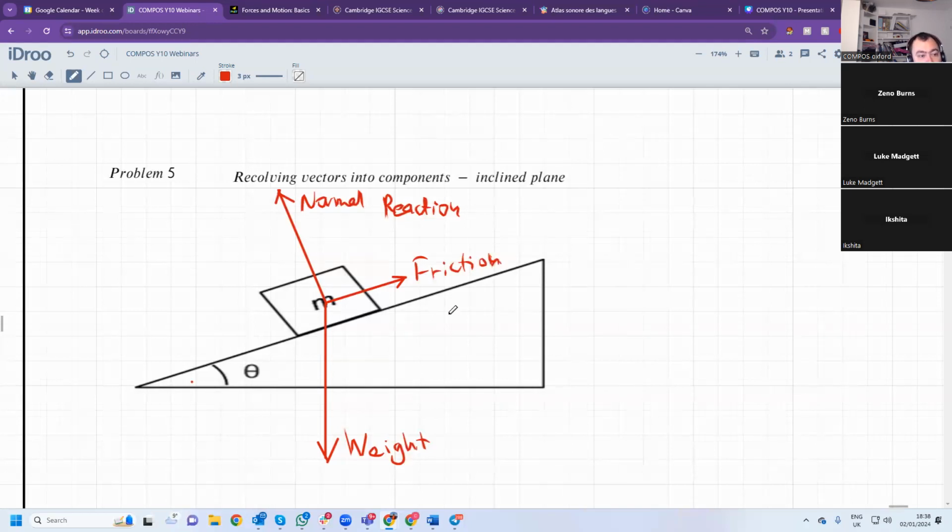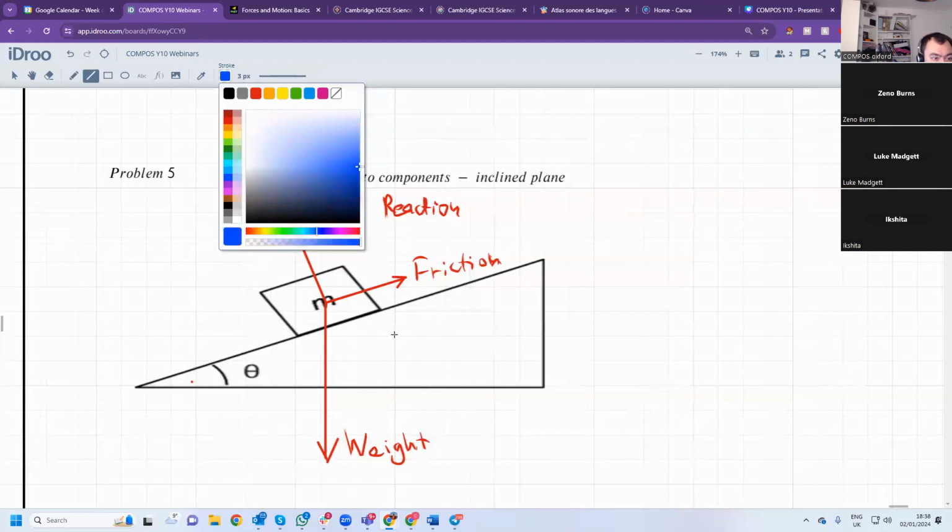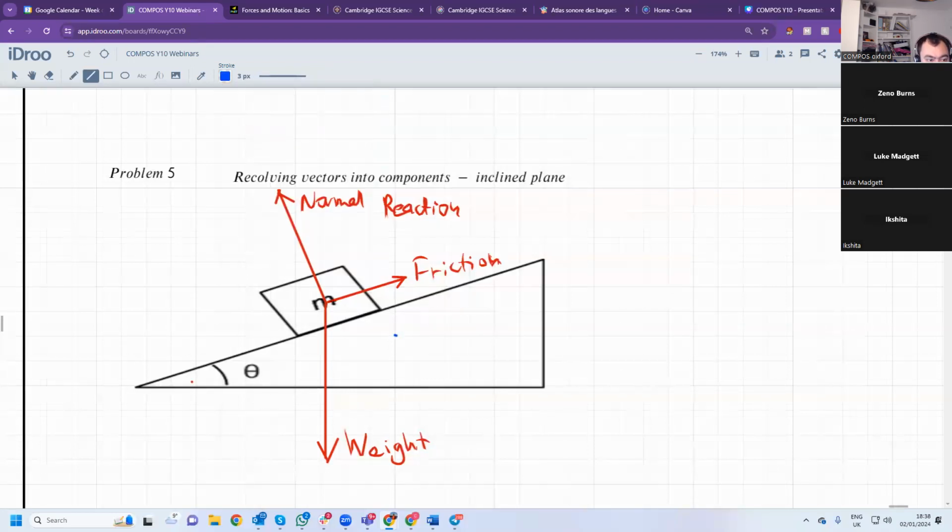Friction force. You can see that you could potentially break these two forces, this force and this one, into components. You can break down the friction into two components like this, and you can break the normal reaction into two components like this.